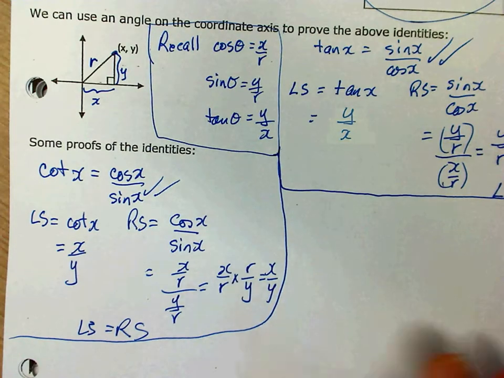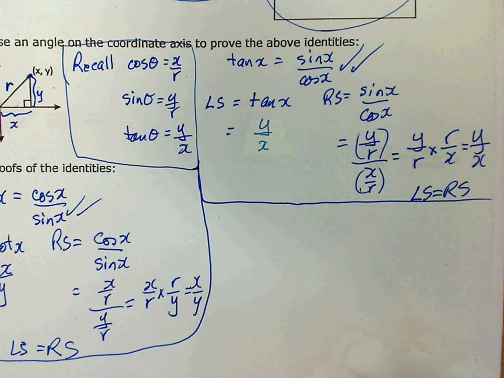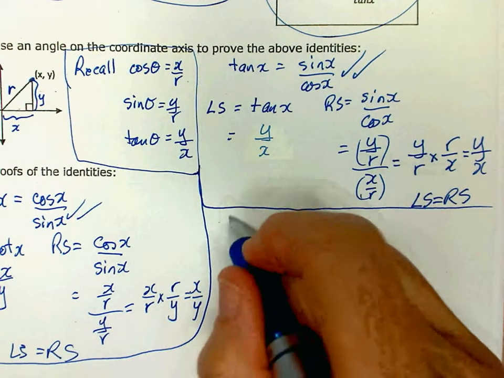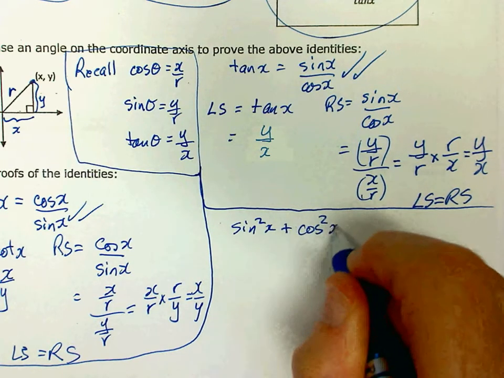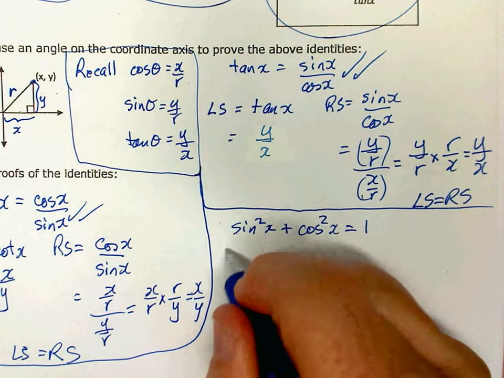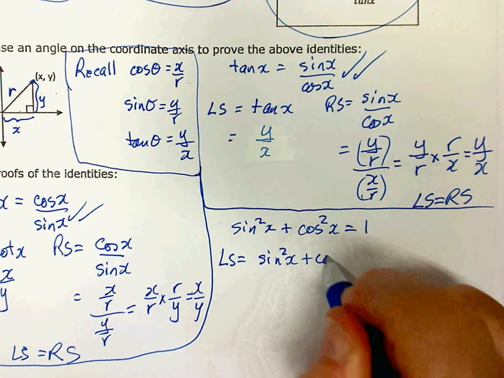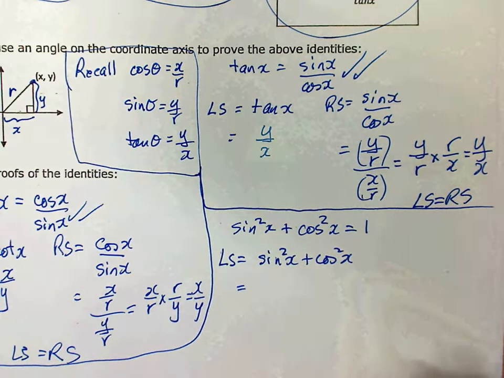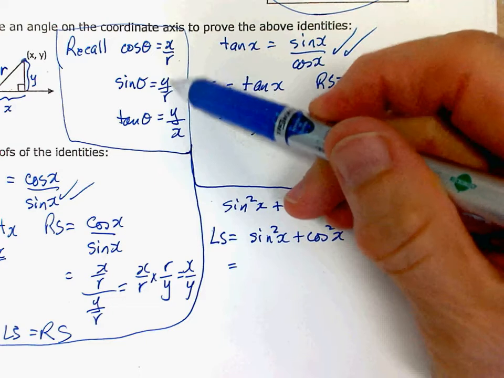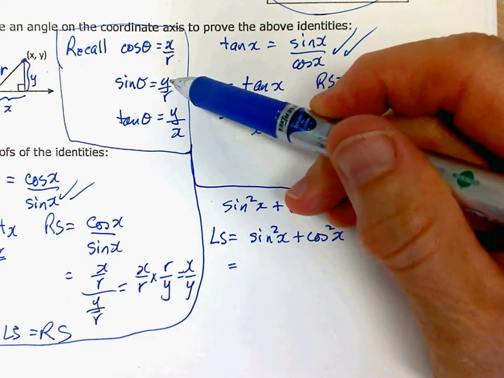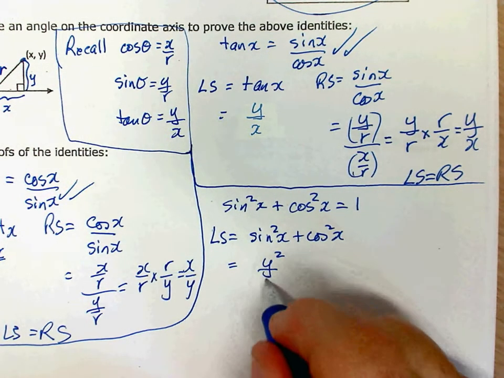Okay. Let's do the Pythagorean identities. Sine squared x plus cos squared x equals 1. Do you agree that left side equals sine squared x plus cos squared x? If sine of an angle equals y over r, then sine squared of an angle is equal to y squared over r squared.